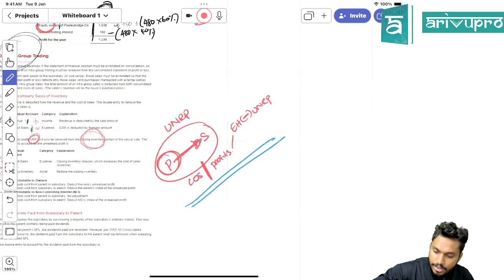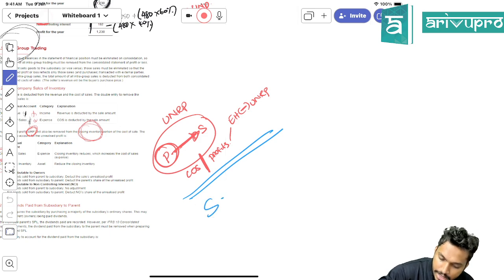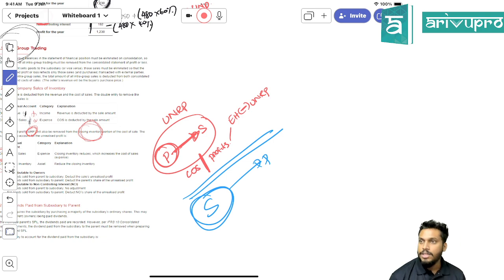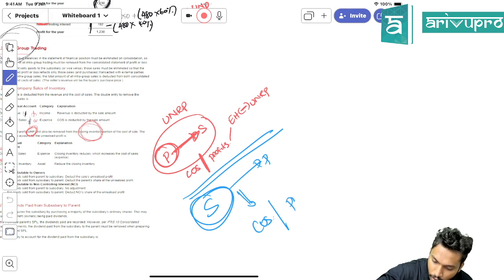The next situation is if subsidiary is selling to the parent. If subsidiary is selling to the parent, yet again, you need to deduct at your cost of sales, and the profits also need to be adjusted, between equity holders and non-controlling interest at their percentage.